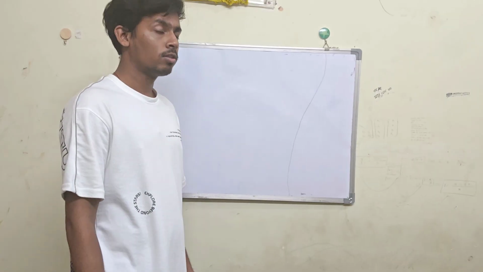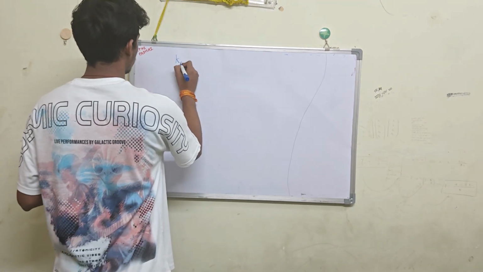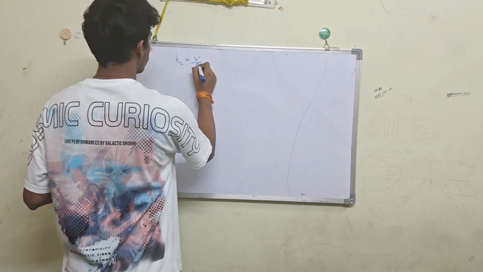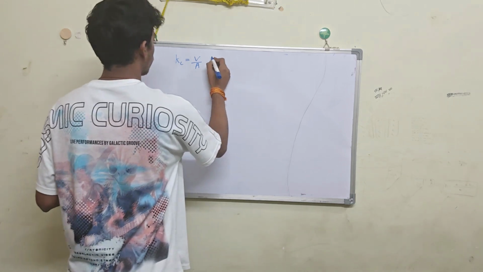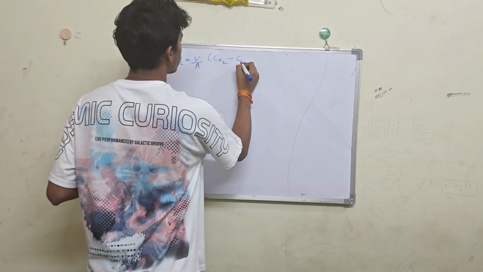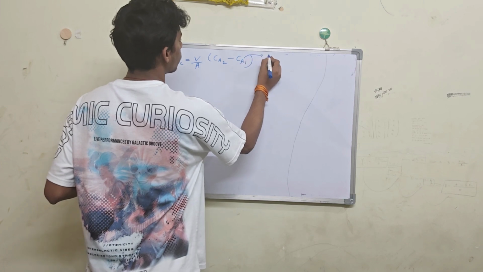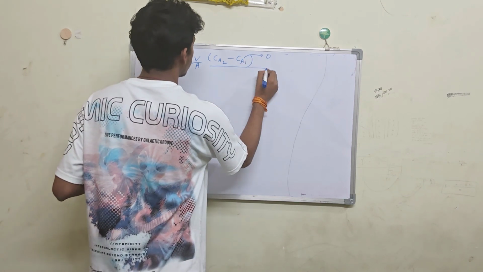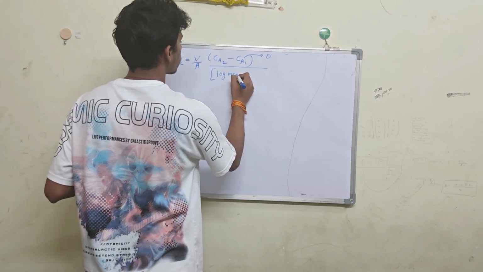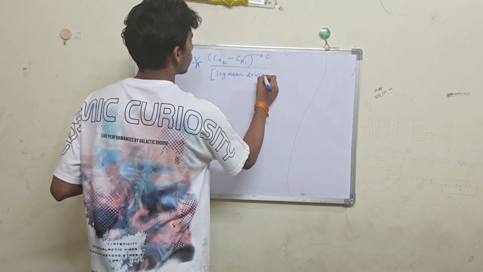So equating the previous two equations, we'll get Kc is equal to volumetric flow rate by area, which is velocity of the water, times CA2 minus CA1. CA1 we know, which is 0. CA2 we have to calculate, divided by that log mean driving force. I'm not writing that expression.